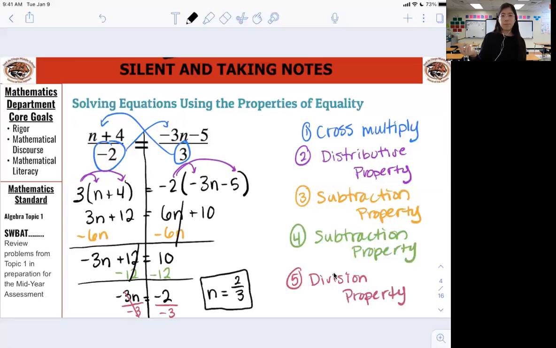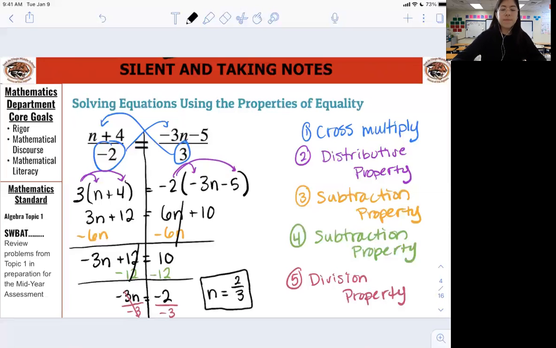Because sometimes it might be a real world problem and the question is, how much does it cost? If it's asking you how much does it cost, are you going to keep it as a fraction or are you going to turn that into a decimal? If I'm talking about money, this would be a decimal.